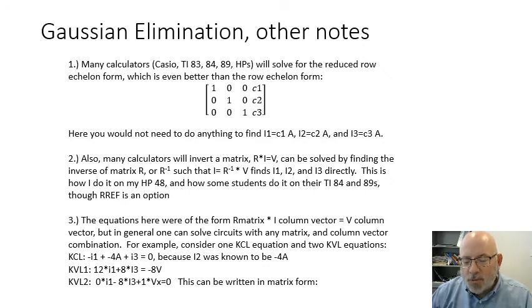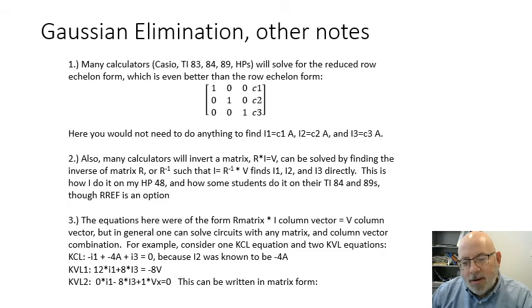Also, most of these same calculators that will do reduced row echelon form will invert a matrix. An inverse matrix is a matrix that if you multiply by itself using matrix multiplication, you'll get the identity matrix, which is just ones on the diagonal.